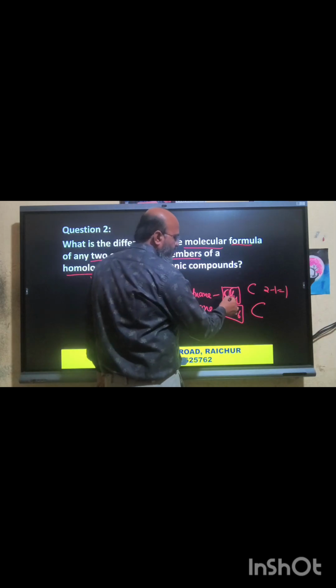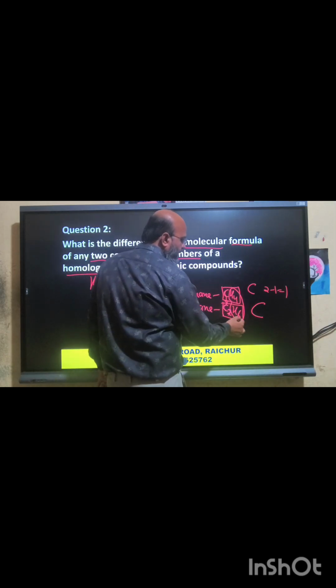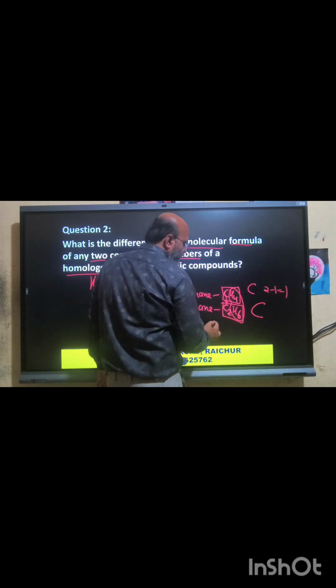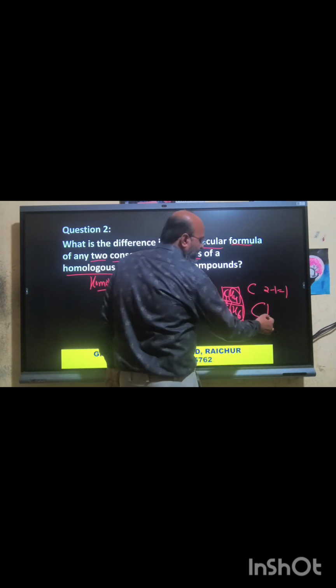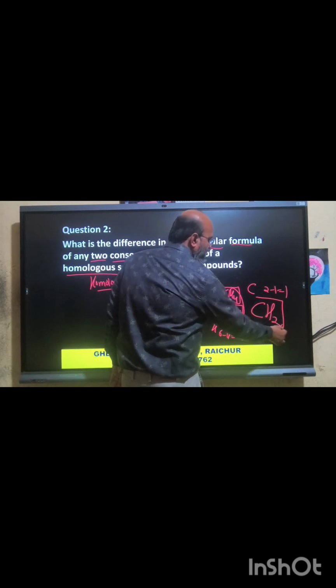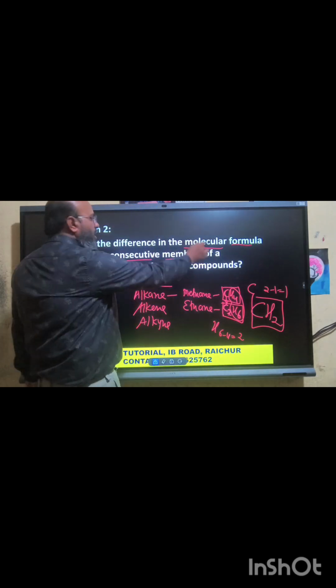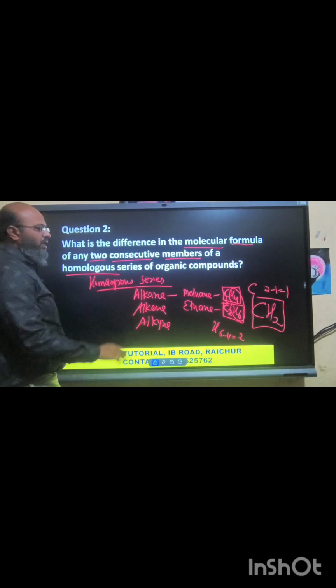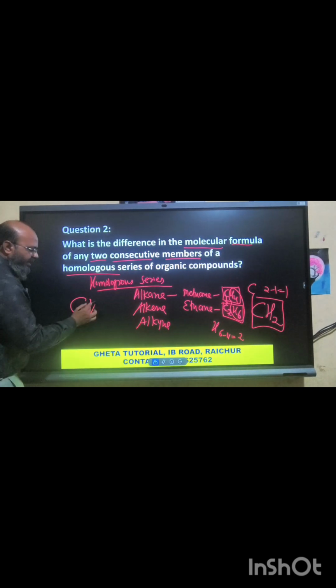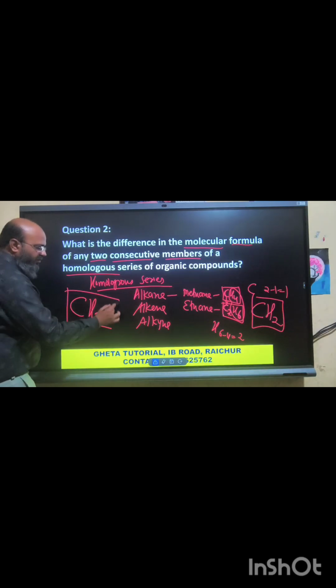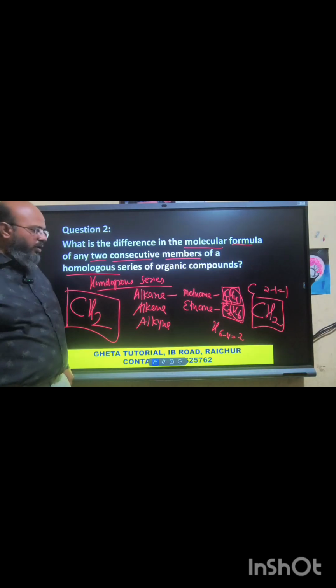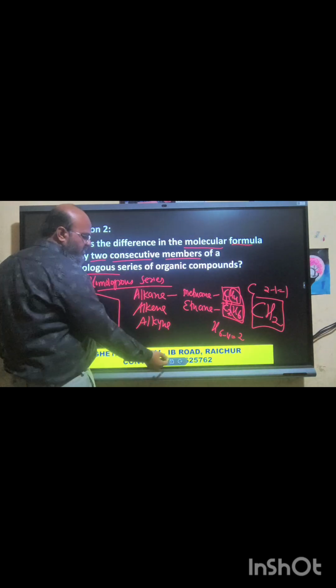Similarly, we find the difference between hydrogens. Here we have 6 hydrogens, here we have 4. So 6 minus 4 is 2. So here I can write H2. So the difference between the molecular formulas of two consecutive members is CH2. This is the only answer. Here is the completion of this answer.